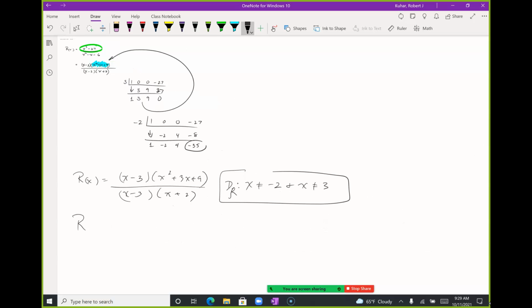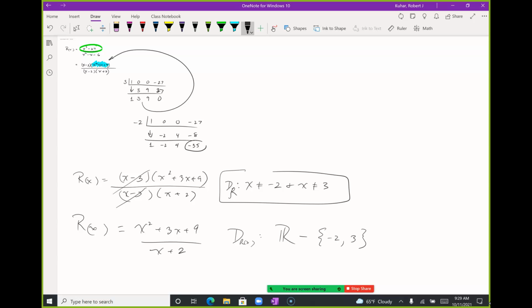So my factored version, my simplified version, is just simply x squared plus 3x plus 9 all over x plus 2, but with the same domain. The domain for R of x is all reals minus -2 and 3. I can't put those two in.